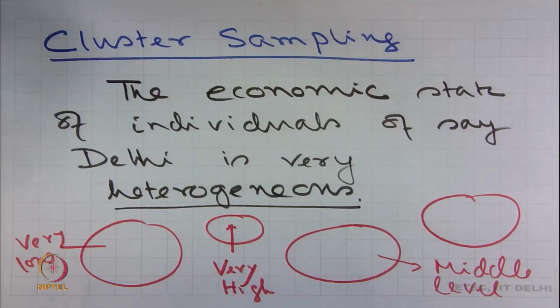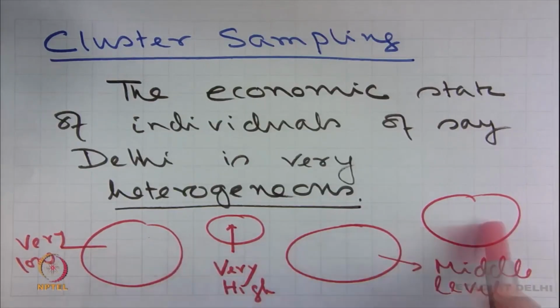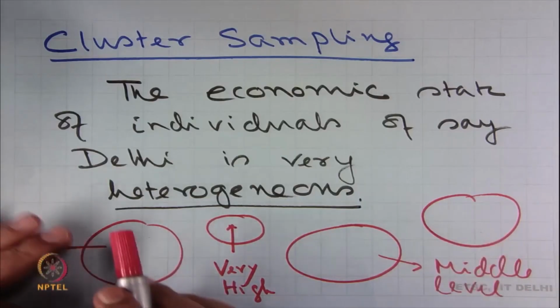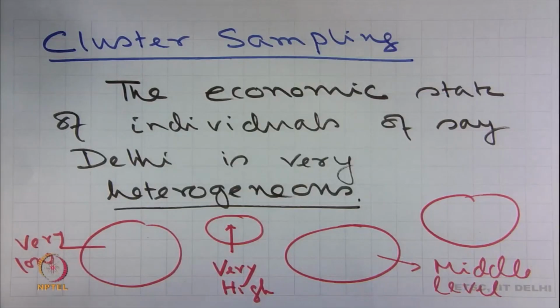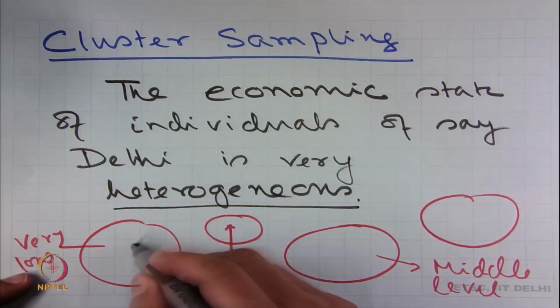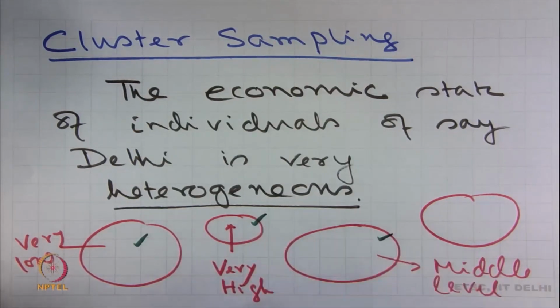Therefore, instead of choosing the sample over the entire population randomly, first we divide it into some clusters which are more homogeneous, and then depending upon the size of cluster we can decide how many samples will be taken from each of the clusters. Sampling in such fashion is called cluster sampling.